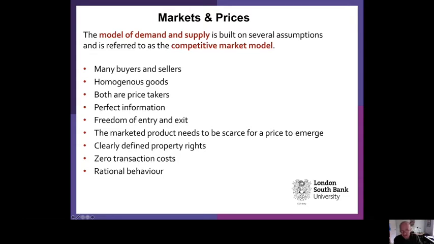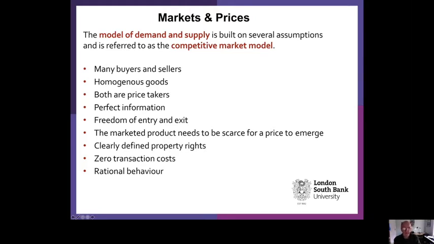So we will see that the forces of demand and supply interact with one another to determine the equilibrium price. I'm getting ahead of myself here, but we'll see that the price is determined by the interaction of supply and demand. And what we're pointing out at this point is that suppliers don't set their own prices. They're not price setters. They take the price. They have to accept the price that's determined by the market. So that is worth noting.